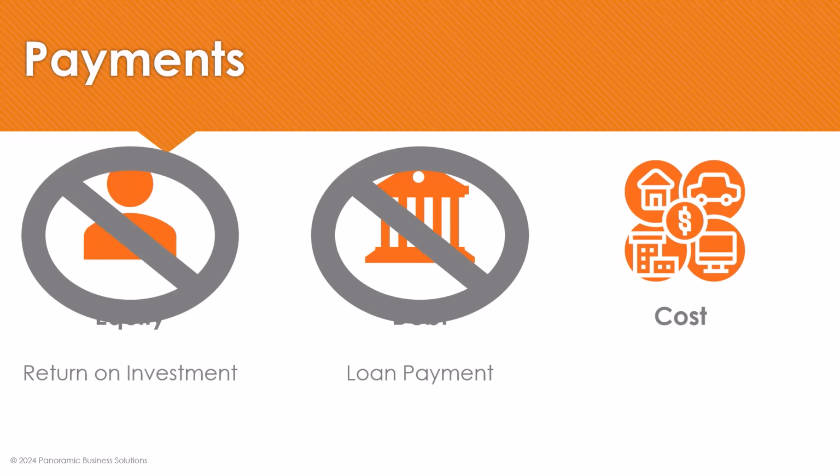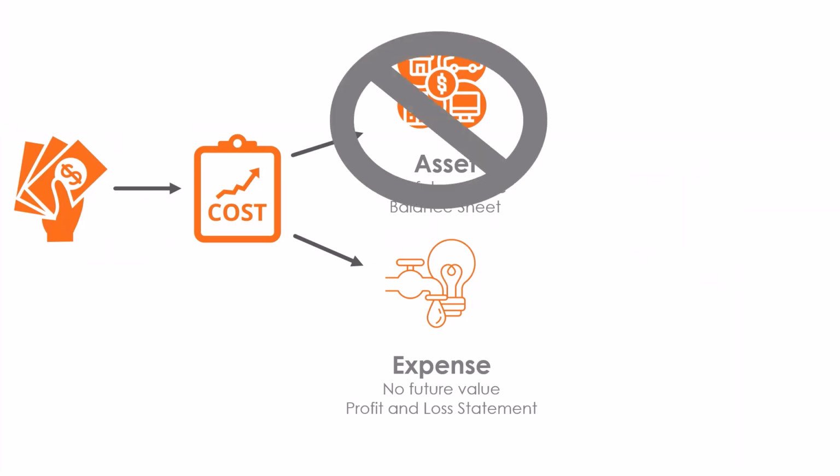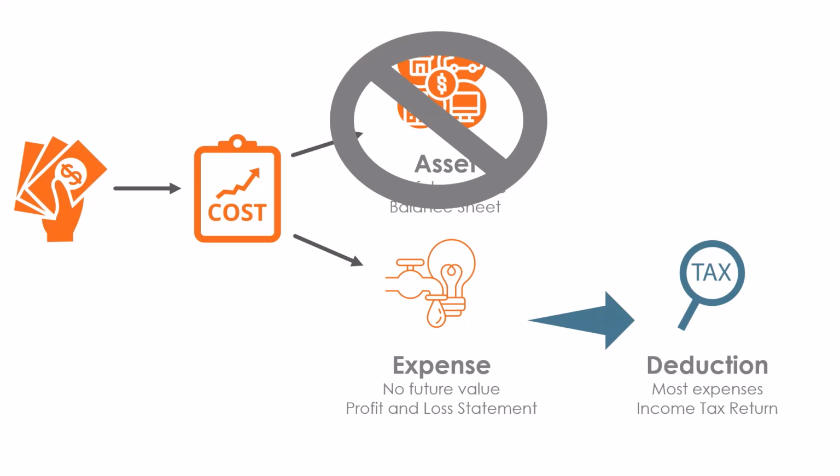Are the cost of doing business a tax deduction? So we've got to take it a step further and separate it out between assets and expense. The asset is not tax deductible. The expense is, in most cases, tax deductible. Most of the time when you're spending money for the purpose of your business, then it usually is tax deductible.